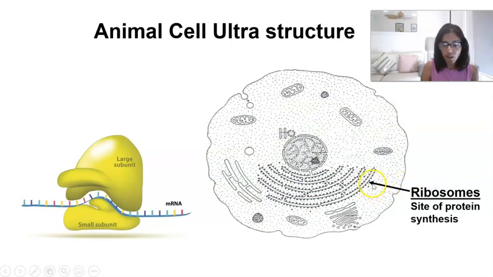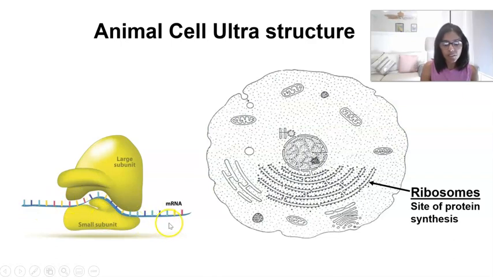Now, if we look at the ribosomes themselves, these little black dots here, remember they are made in the nucleolus and they're attached to the endoplasmic reticulum, making it rough. Now, these ribosomes actually come in two parts. It has this larger part on top and a smaller part underneath, and this nuclear material, which is like an instruction code, feeds through the middle of that big and small subunit.